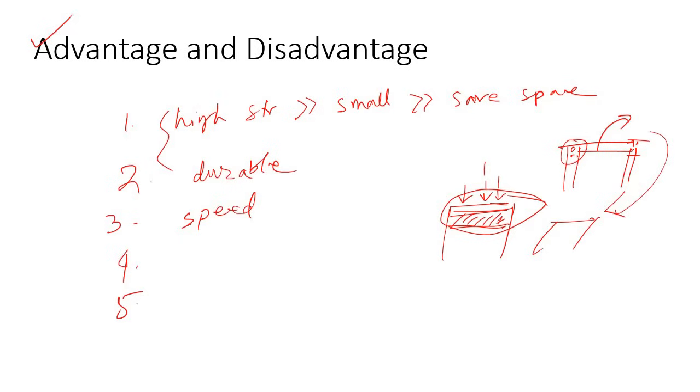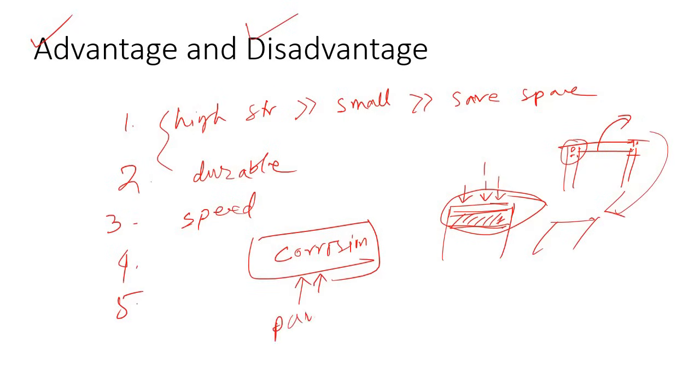Now what is the disadvantage? The main disadvantage of any steel structure is that it is very susceptible to corrosion. That is the main problem with steel structure. To resist this corrosion, you have to paint the structure on a regular basis. That increases your maintenance cost, right?